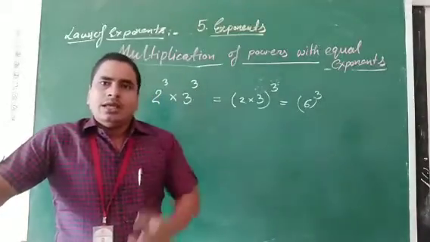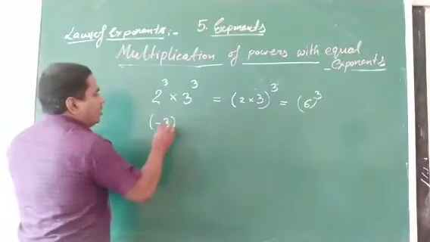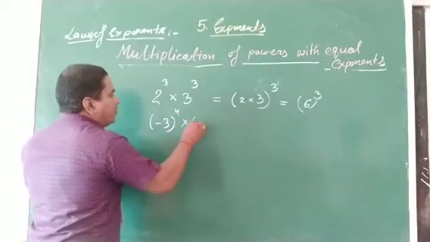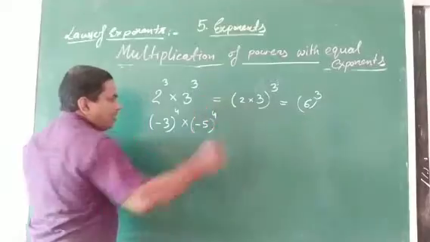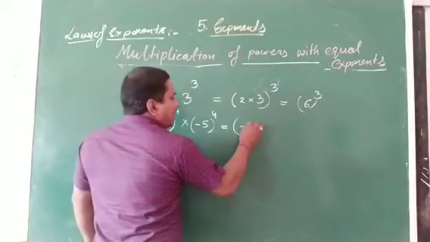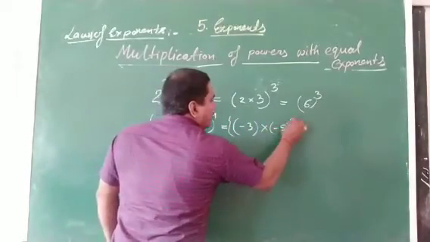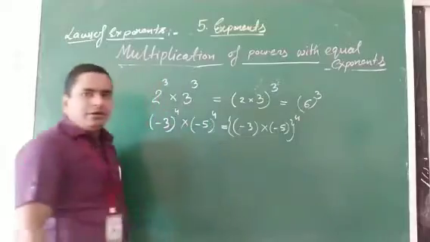Okay, the same we can use for negative numbers: minus 3 to the power 4 into minus 5 to the power 4. So again, minus 3 into minus 5 to the whole power 4.